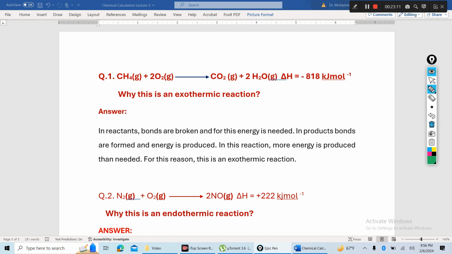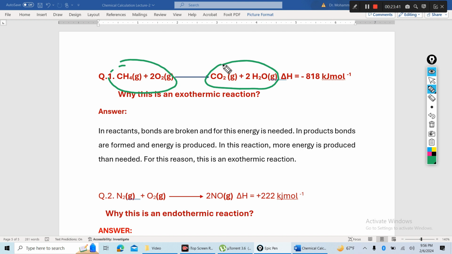So the question is asking why this reaction is an exothermic reaction. I mean, why is heat energy produced. Exothermic reaction means heat energy is produced, and for this delta H value will be negative. And you know, in a reaction, the left hand side is called reactant and the right hand side is called product.